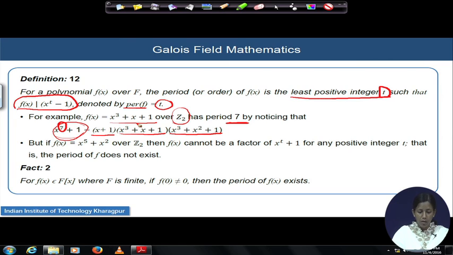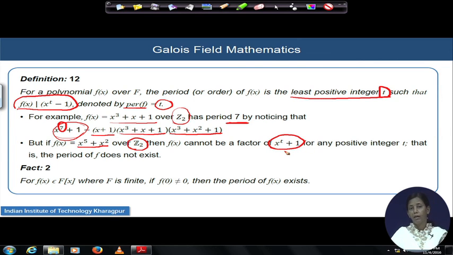But remember, if we take another polynomial having x to the power 5 plus x square, which also exists over Z2, the group Z2 and the ring Z2 also, then f(x) cannot be a factor of x to the power t plus 1 for any positive integer t.